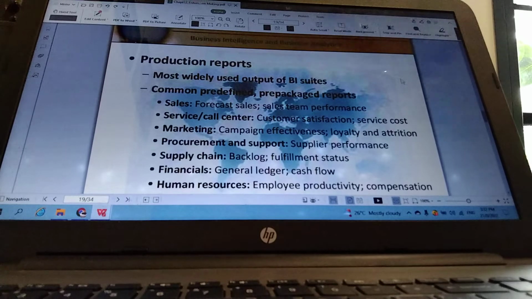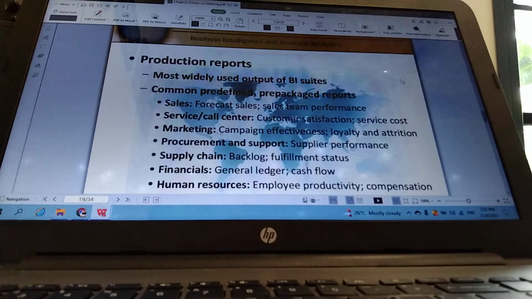The same goes to supply chain. They can use these BI reports to look at backlog, fulfillment status, and related reports. When it comes to the financial department or related department, definitely the BI report can be used for general ledger, cash flow monitoring, and related reports.